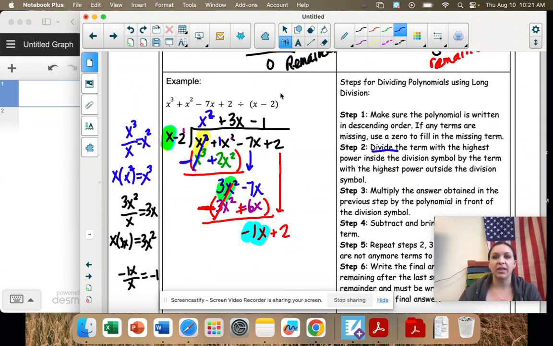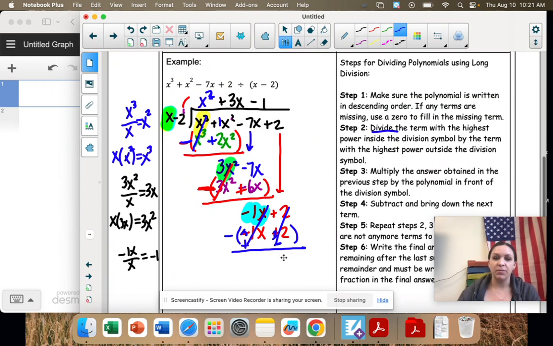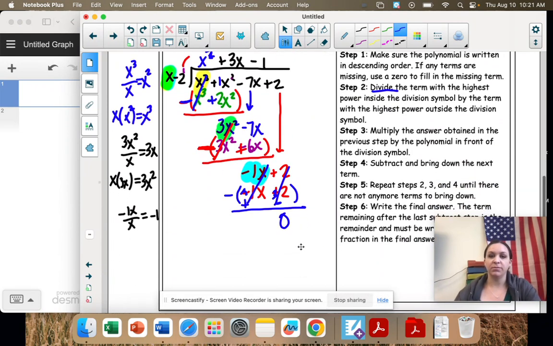So when you multiply that both times, you get negative 1x, and then negative times a negative is a positive. They're the same. But remember, we have to subtract. So when I subtract these, the signs change. This changes to a positive, and this changes to a negative. And so they both cancel out, giving us a remainder of 0.